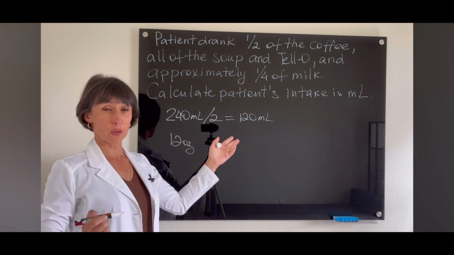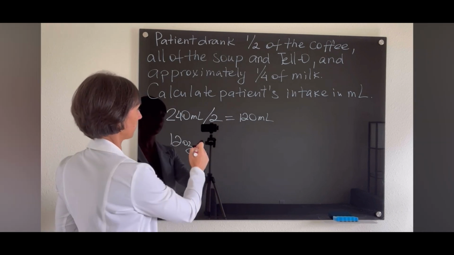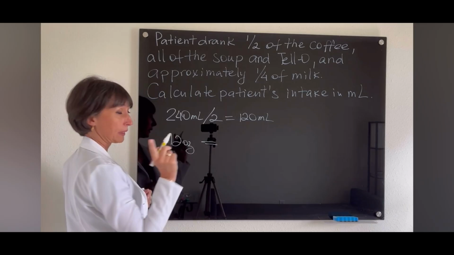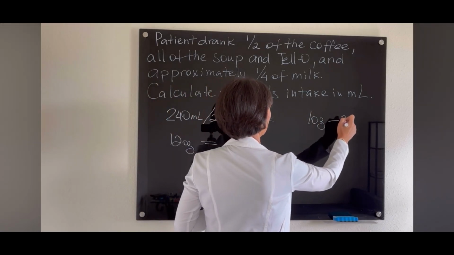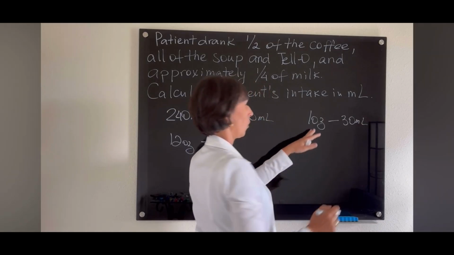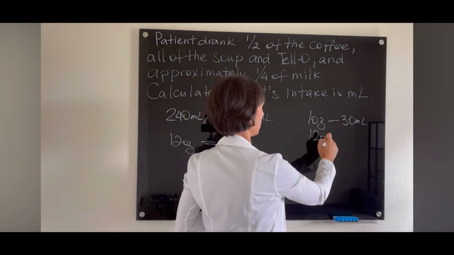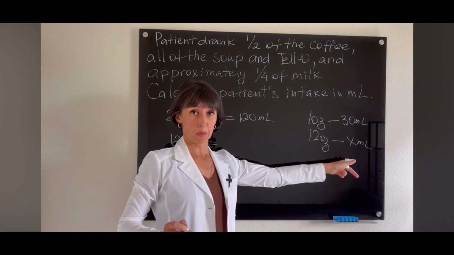But I need to find how many that is in milliliters because my documentation is in milliliters. And I don't know how many milliliters that is. But I know that one ounce is 30 milliliters. So 12 ounces is X milliliters.